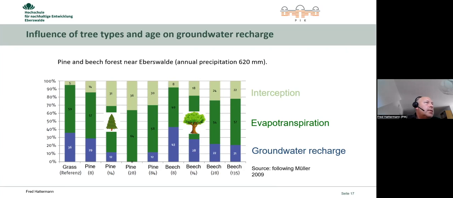It has, of course, also to do with the age of the trees, and younger trees. Under younger trees, we have much more groundwater recharge, and here again, for a pine tree and for beech. But in all age classes, the groundwater recharge is much higher under mixed forest or deciduous forest. And these are really measurements.